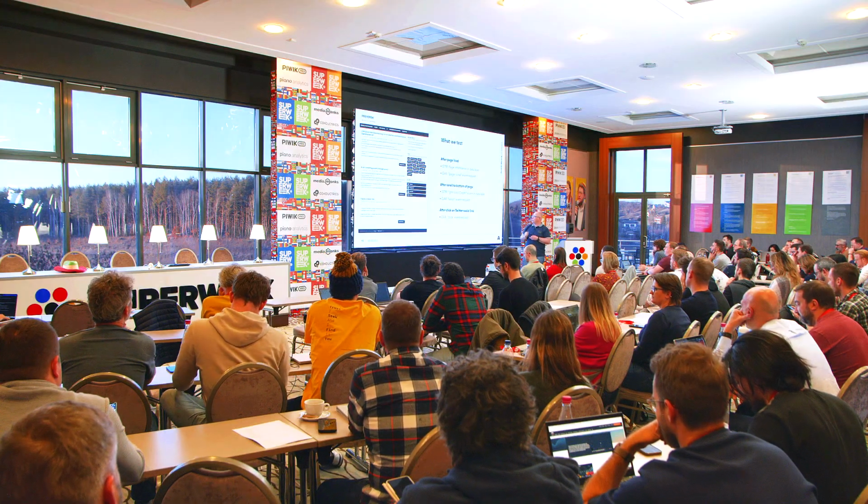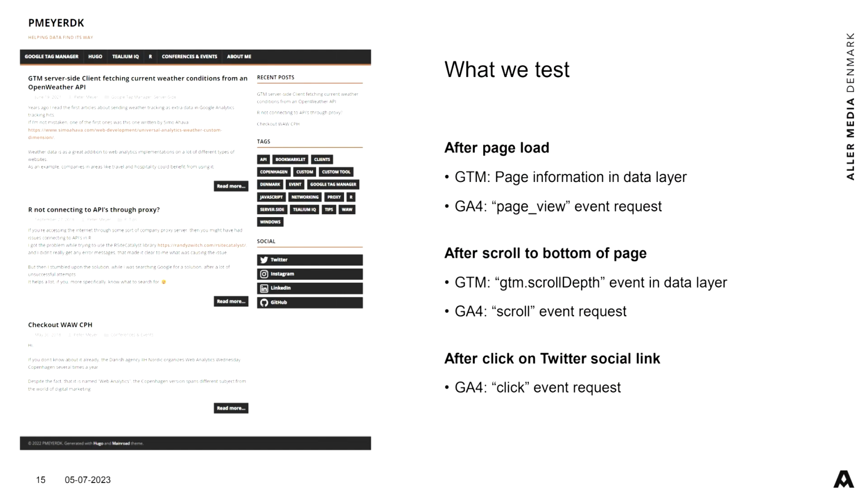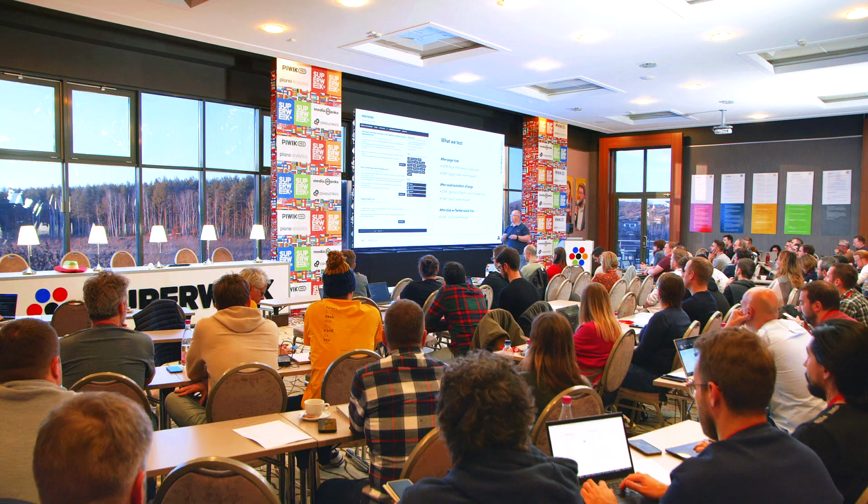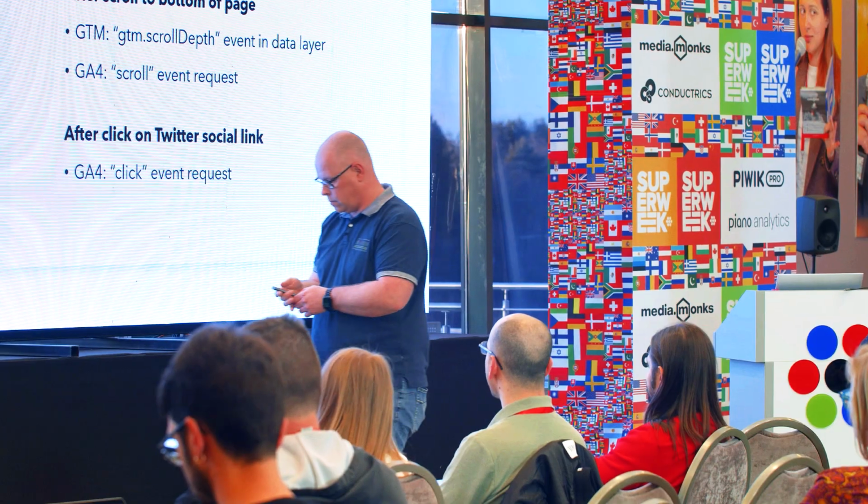And then last but not the least, when around the bottom, click my Twitter social link and then check that GA4 gets a click event with information about that. That's the Twitter thingy up here.